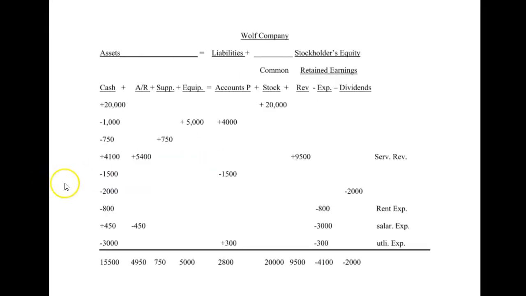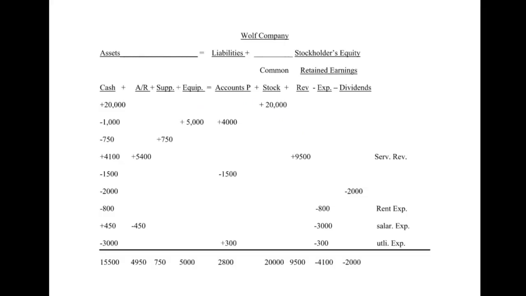The revenues, if we go back to the previous screen, according to the information given to us from the problem, was $9,500 in service revenue. So we would plug that in first here. That was the only revenue source for Wolf Company. So next we'll go to the expenses.